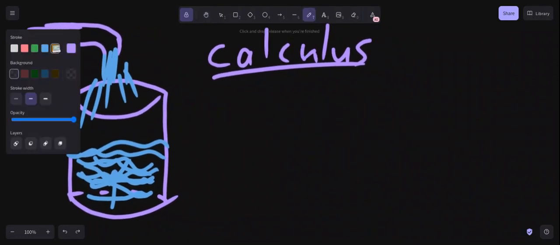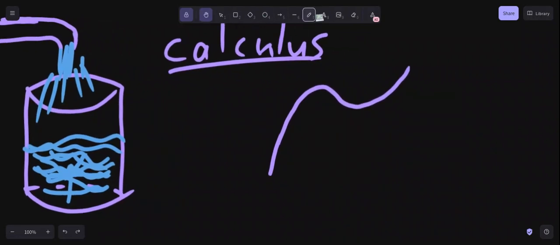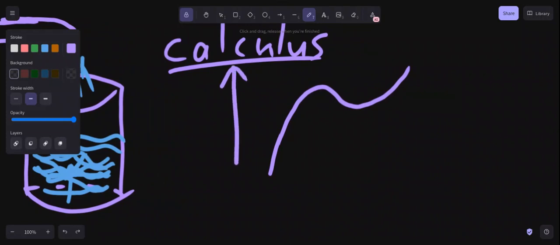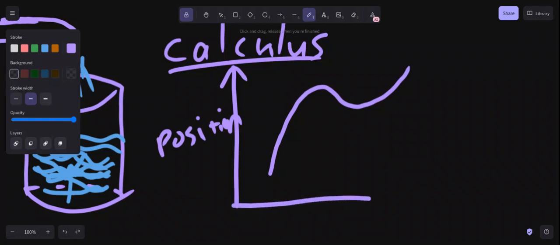So, if we look at an example, if I were to graph some sort of motion, maybe the motion of a particle, here you have your position axis, and this is your time axis.